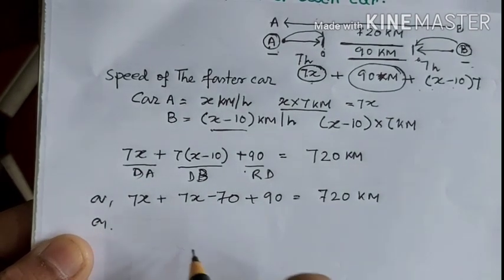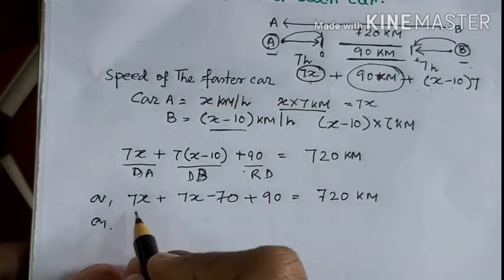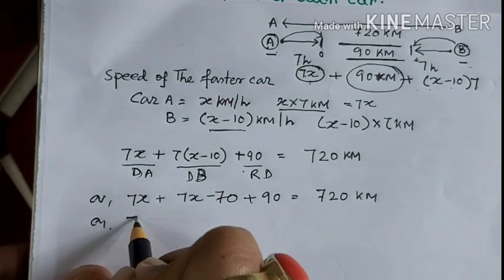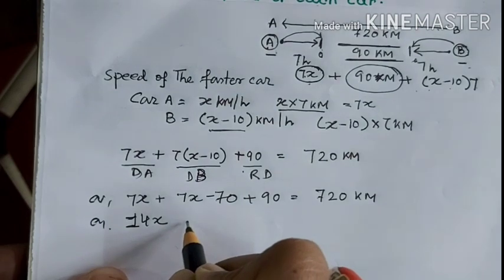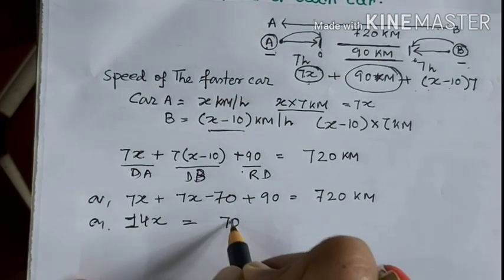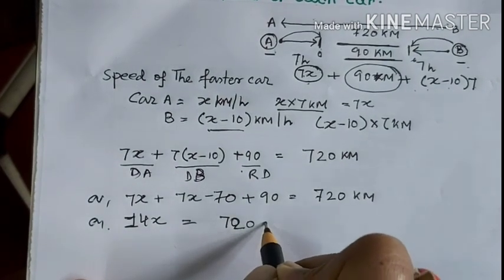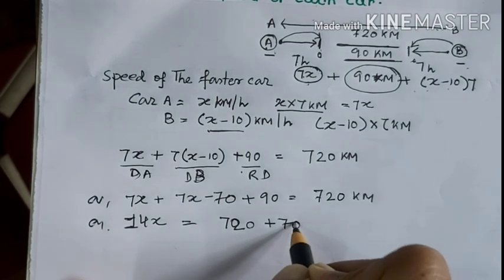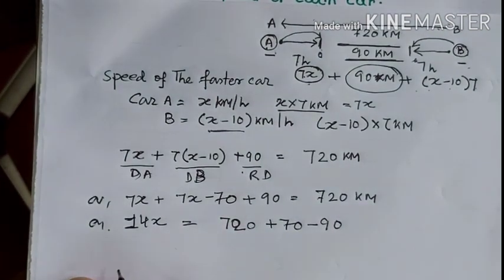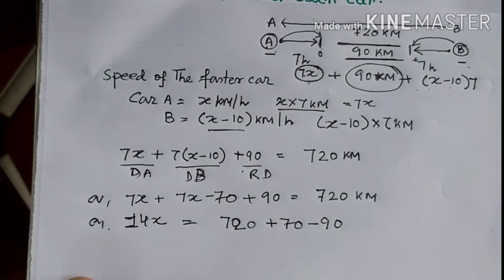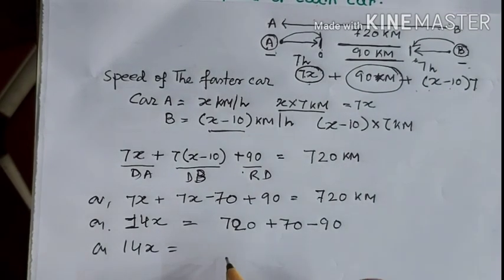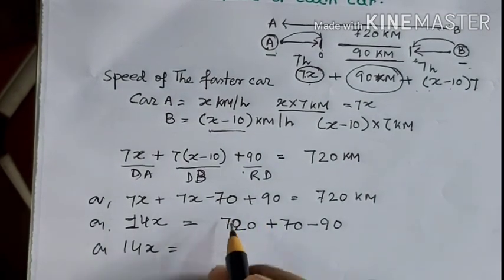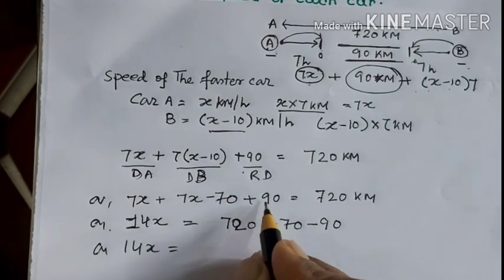How can we write the equation? 7x plus 7x, that means 14x, is equal to 720 plus 70 minus 90.